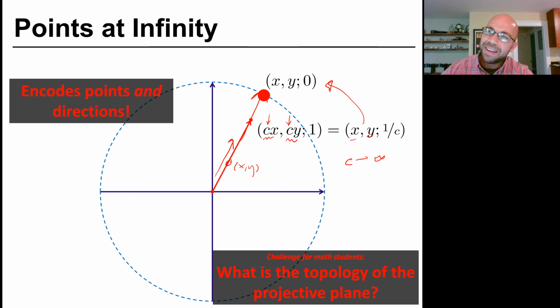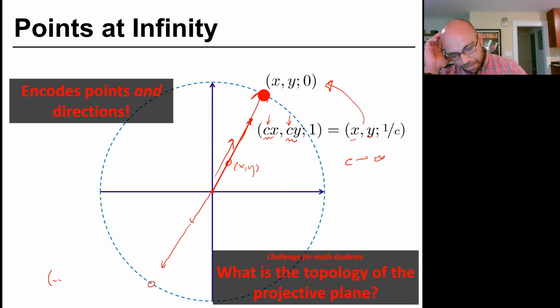So I can think of directions as sort of like points off in the horizon, like I'm scaling points farther and farther and farther. Now, if you really want to make your brain explode, I could have done the same thing with negative values of c, and then I would go off in this direction. But in fact, I can identify minus x minus y 0 with x y 0.